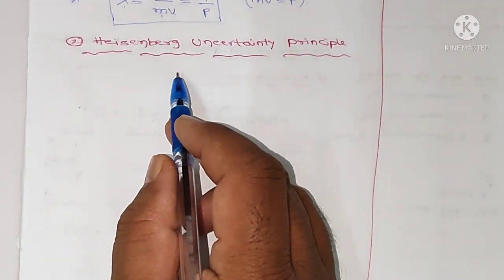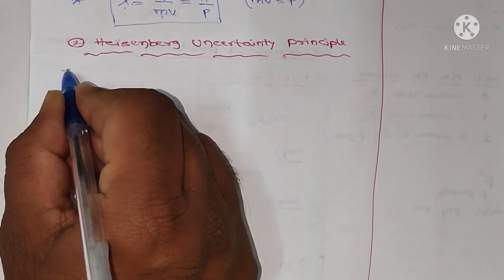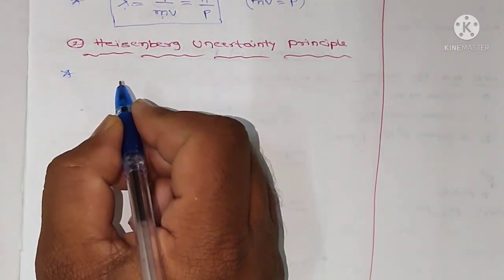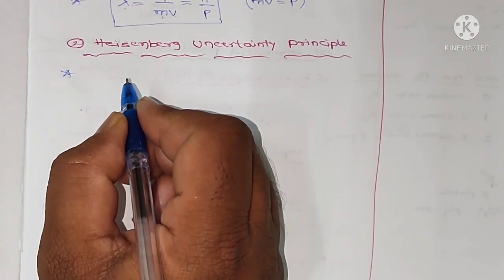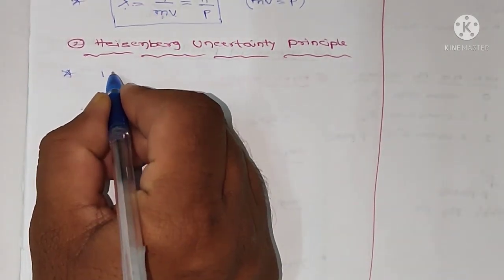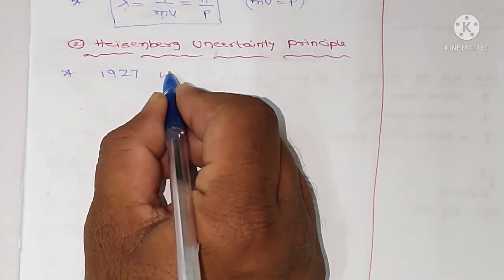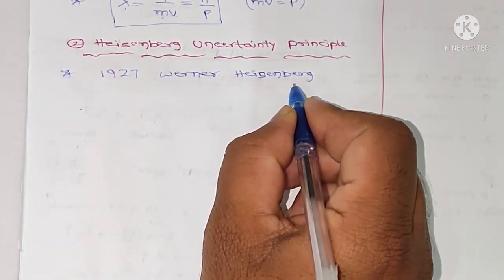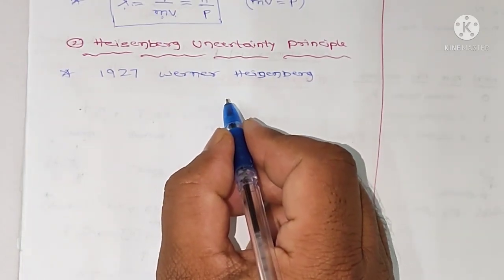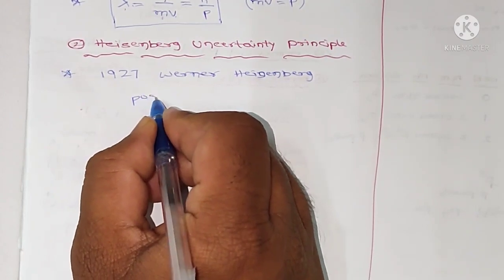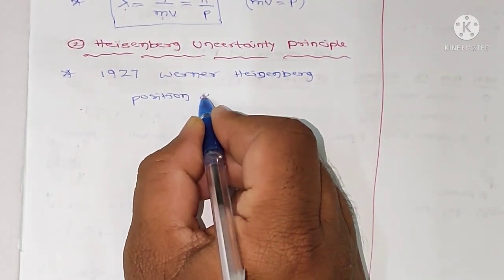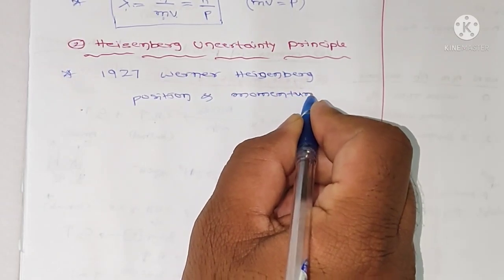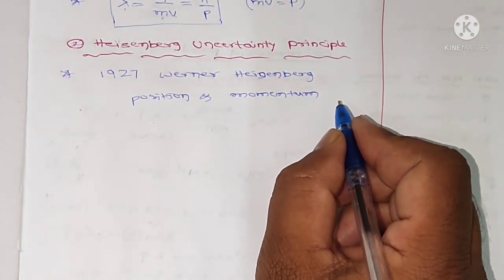Next, second one, Heisenberg uncertainty principle. In 1927, Werner Heisenberg stated that it is impossible to determine the exact position and exact momentum of electron simultaneously.